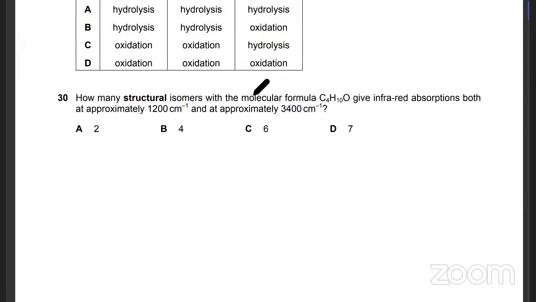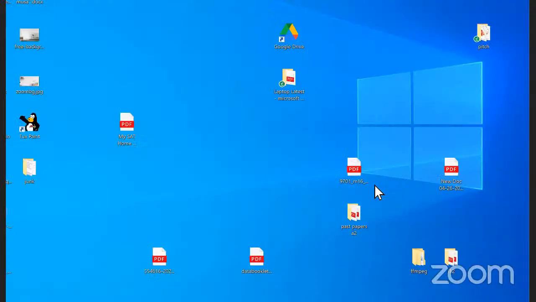This one: how many structural isomers with the molecular formula C4H10O give infrared absorptions both at approximately 1200 as well as 3400? So what is the absorption at 3400? It's an alcohol OH.